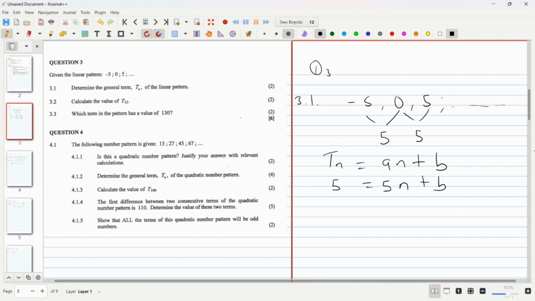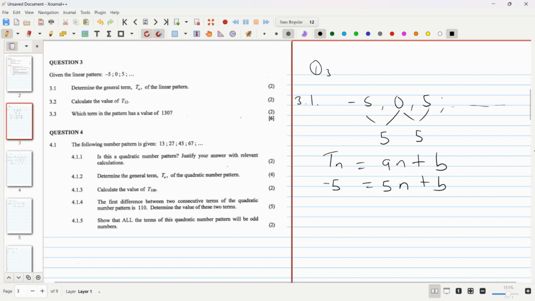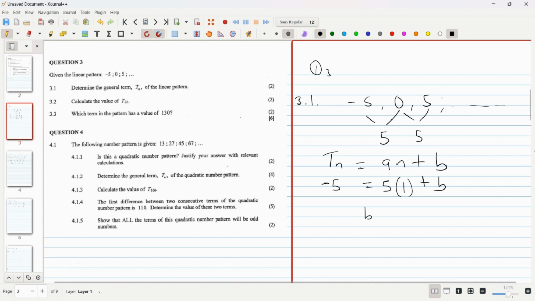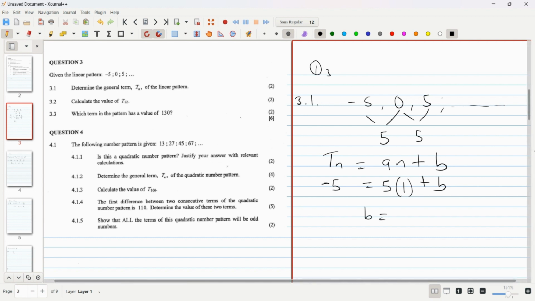Okay, so if we choose the first term, our Tn is -5. We can see the first term is -5. The position of the first term is 1, this one is on position 2, this one is on position 3. So n is the position. It's on position 1. So our b will be what? -5 equals 5 plus b.